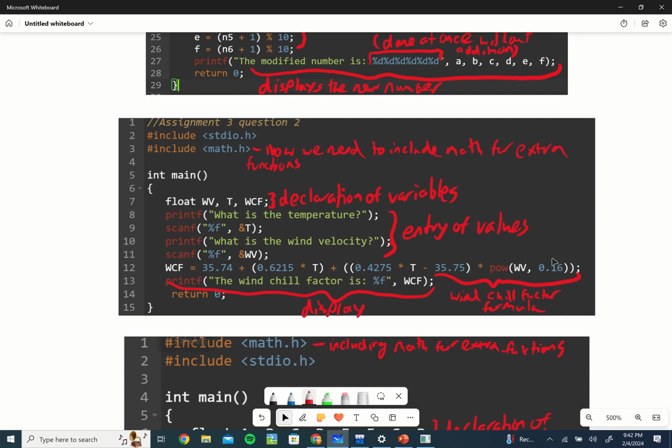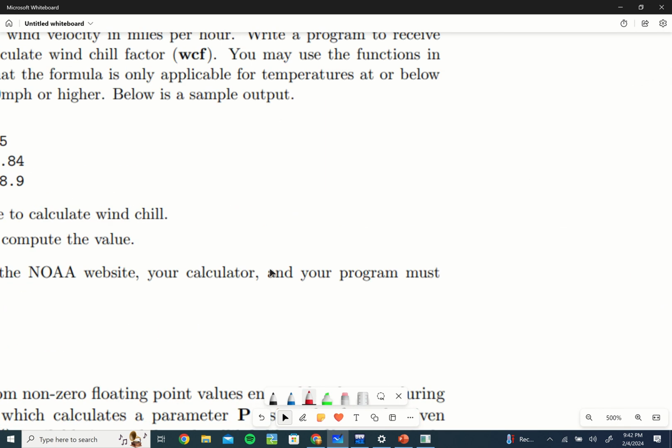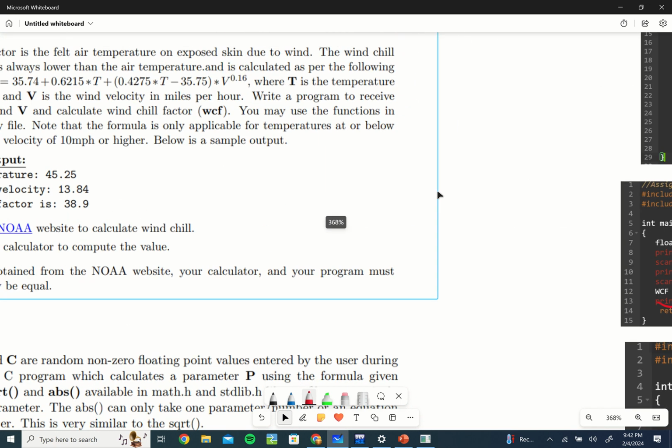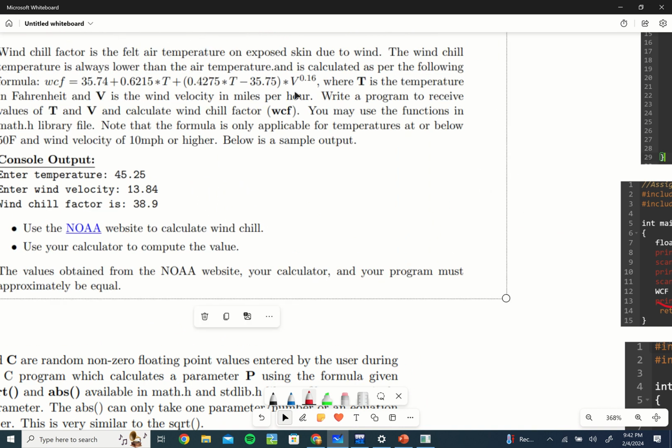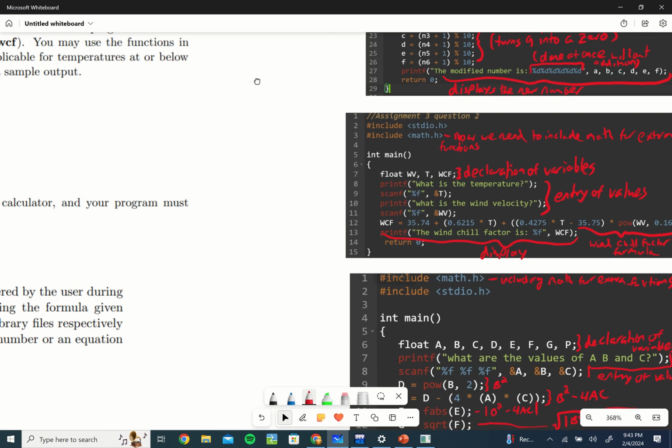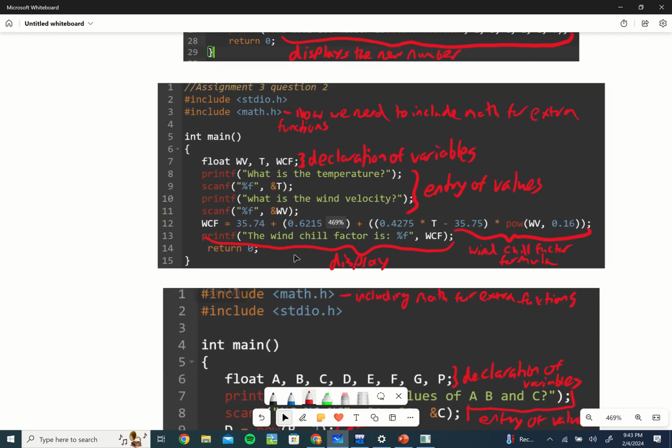And it takes that, plugs it into the formula, here's where we had to use the math.h to get the exponent, and 35.74 plus 0.6215 times t plus all this stuff. So, got that in the code, it'll print it, and end.